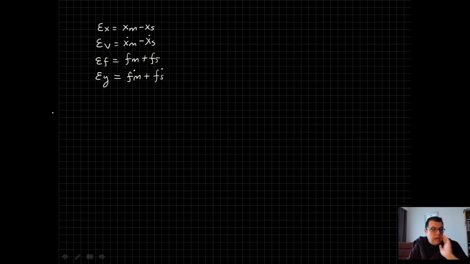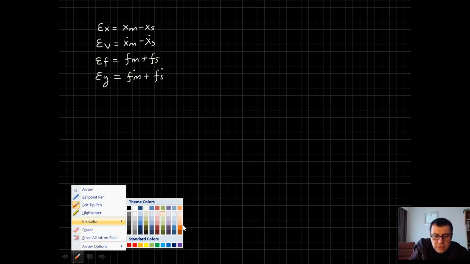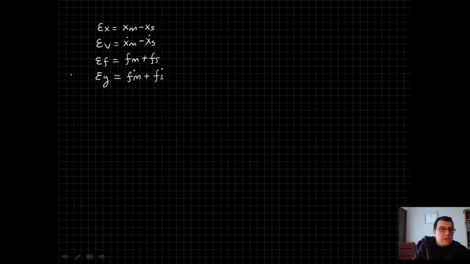Okay, and the coefficients are, let me write the coefficients with a different color for you. CMX is minus alpha kx, let's write here kskx over km plus ks.